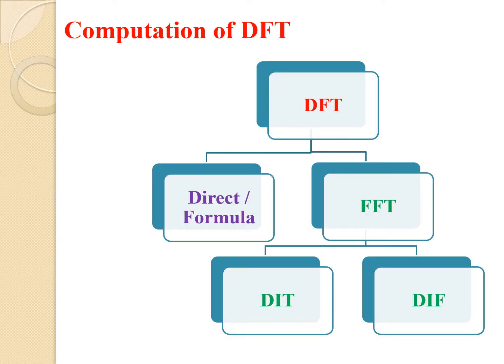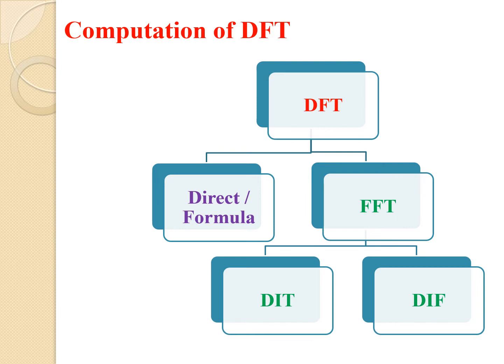And next, the computation of DFT. We can compute the discrete Fourier transform with basically two different methods. One is the direct or formula method, that is using the analysis equation, and the other method is FFT, that is fast Fourier transform. This fast Fourier transform is an algorithm adopted for finding the DFT in a faster method.